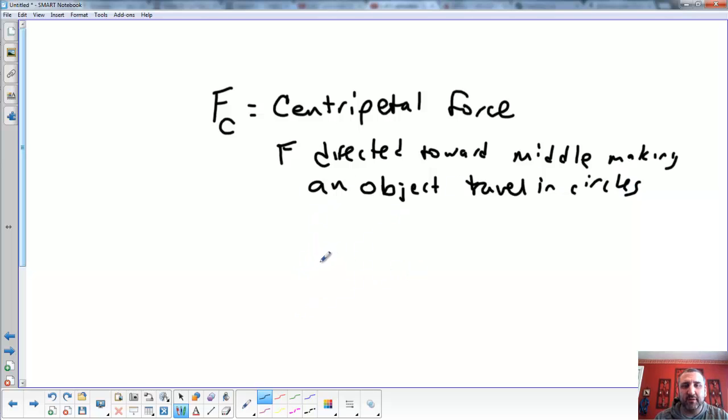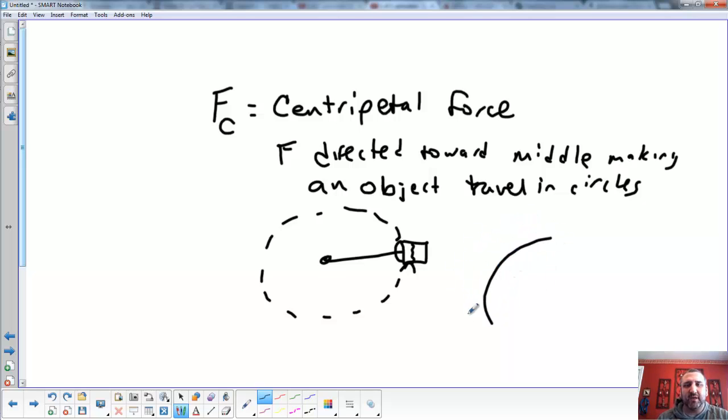And this force can be anything. If we're talking about a rope, you can have a rope with a swinging bucket on it with water in it, and that rope can be making the object go around in circles. We can talk about an airplane going around in circles. We can talk about a car. If you have a stretch of roadway, and there's my car with a couple of tires, the friction is actually the force that makes it go in circles.